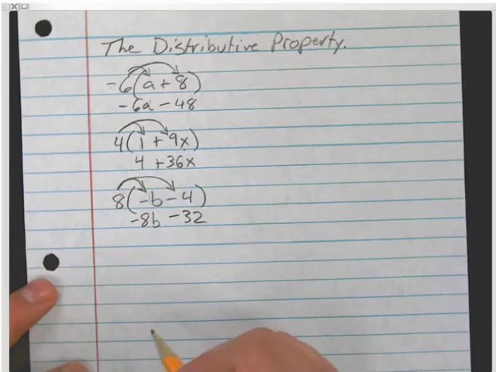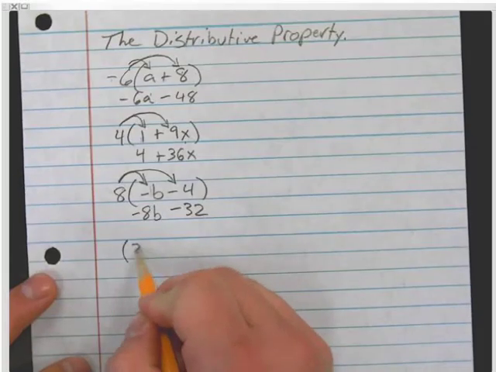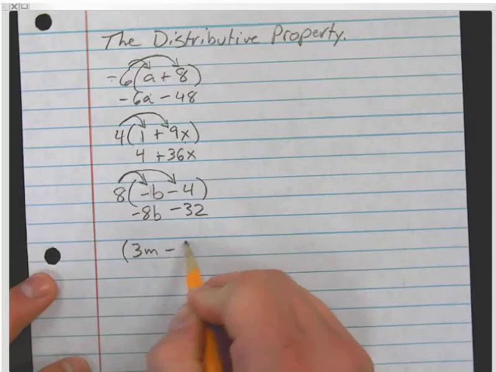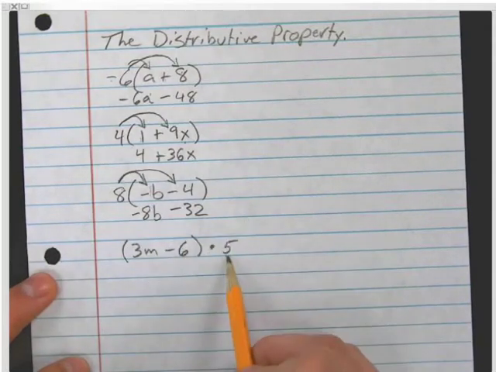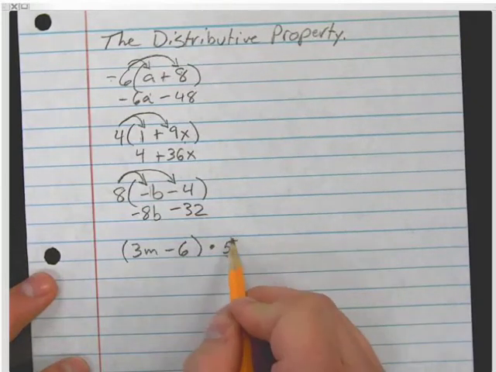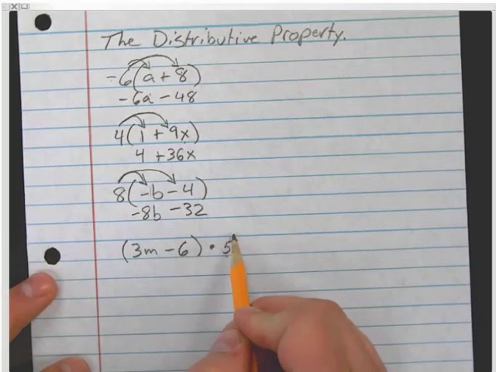Alright, now the last variation I can think of, we have the quantity 3m minus 6 times 5. So sometimes the number that we have to distribute is on the back side of this. So we're going to do it the same way, we just have our arrows going from right to left.